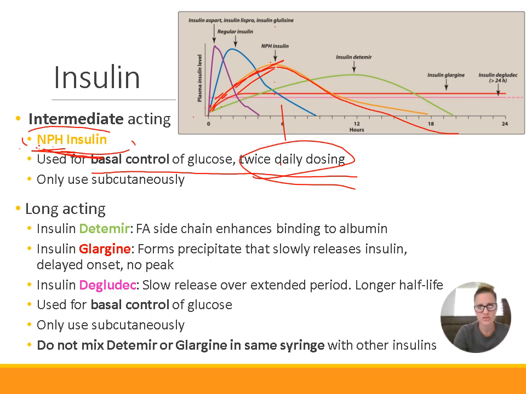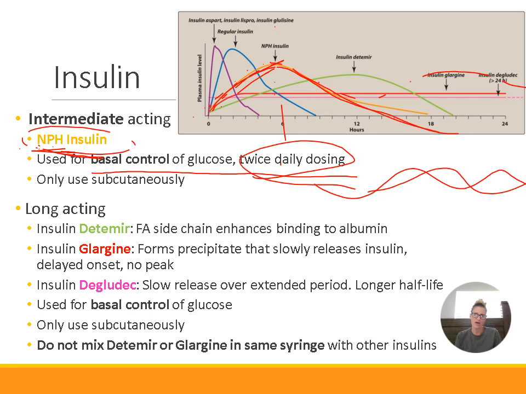However, if you look at the shape of this, that does not look like what our basal control looks like, right? Remember, our basal insulin release is very flat. So if we administer this twice a day, it's going to kind of look something like this. Not a huge peak, but still not exactly like our basal insulin.